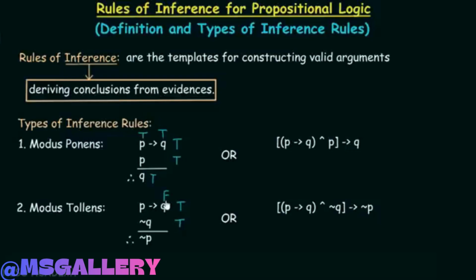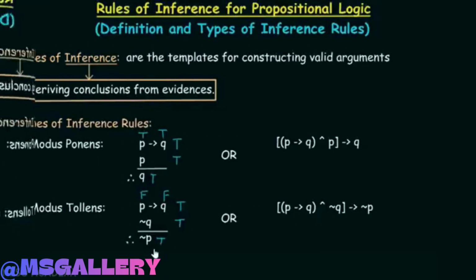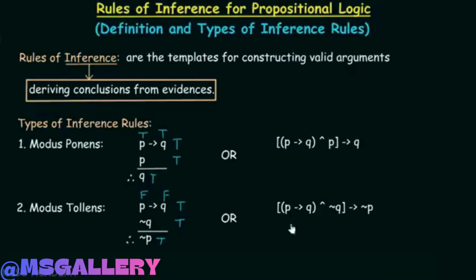Now if Q is false, then P has to be false. It is not the case that P becomes true, because if P is true, then true implies false is false, right? Now if P is false, then not P will be true. Therefore we can say that our final conclusion becomes true, and hence this argument is a valid argument. Definitely we can write this argument as (P implies Q) and not Q implies not P, right?